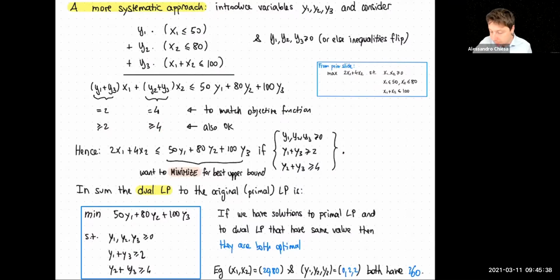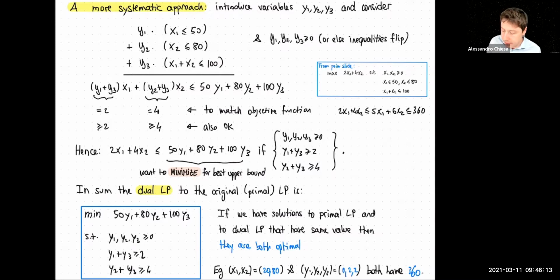Let me give an example: say 5x1 plus 6x2 is at most 360. Because x1 and x2 are non-negative, that is certainly an upper bound for 2x1 plus 4x2, because with those bigger coefficients, you can only get something bigger. It doesn't mean that it's useful, but it's okay to consider it as a reasonable upper bound.